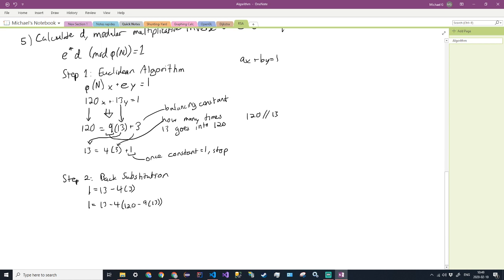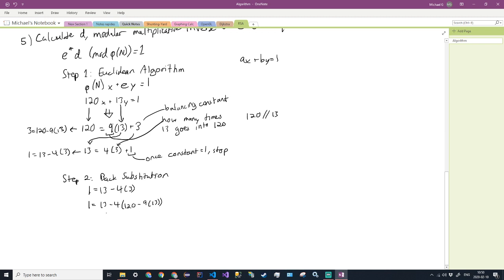And I just got that from this equation over here. So let me just actually draw a line. 3 is equal to 120 minus 9 times 13. 1 is equal to 13 minus 4 times 3, just like that. And once you get back to the top, we're going to get our answer.